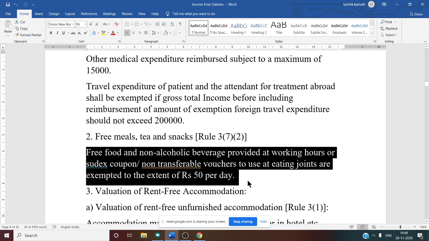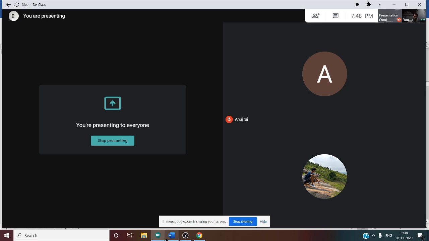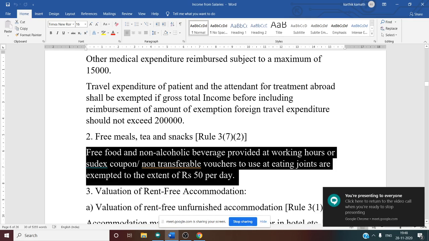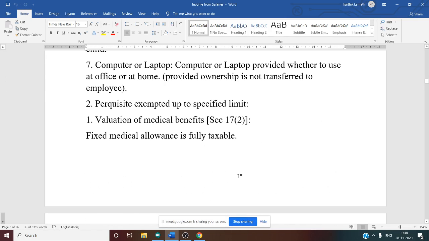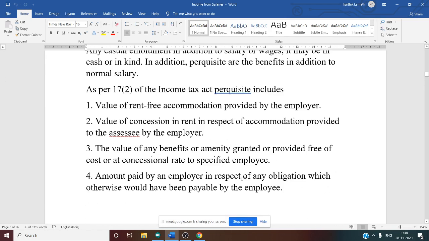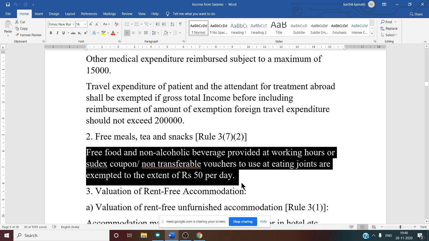So all these things, whatever we have discussed till now, are not that much relevant. But sometimes in the question you can see one or two adjustments regarding this. That is why we have to go through all these rules once. So any doubt you can ask me now.